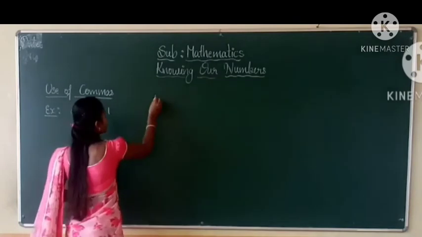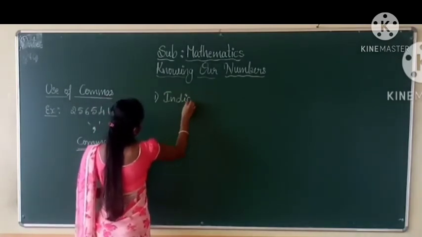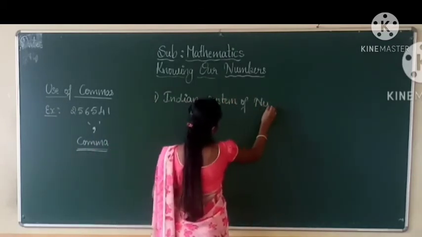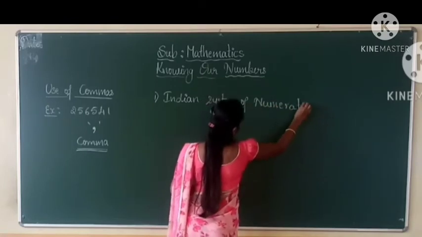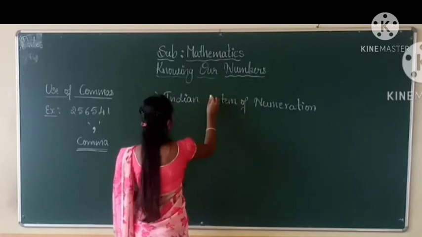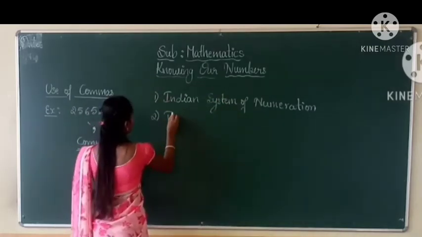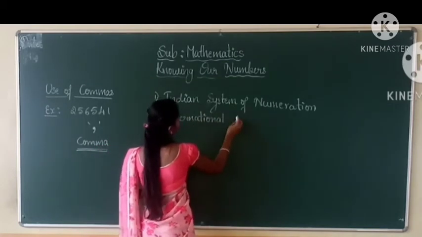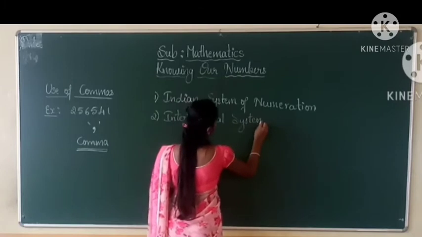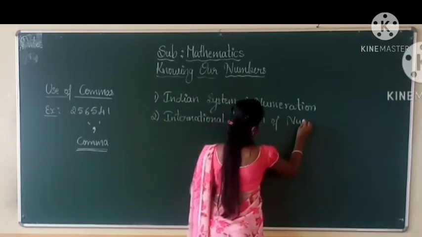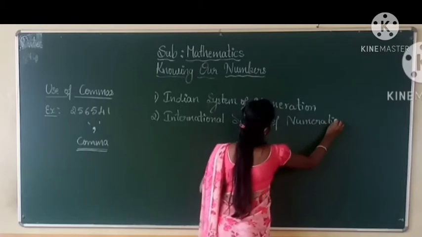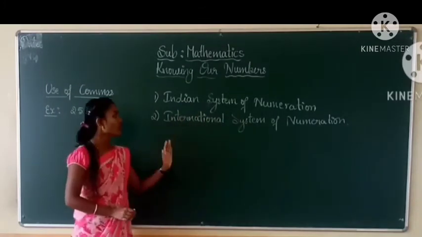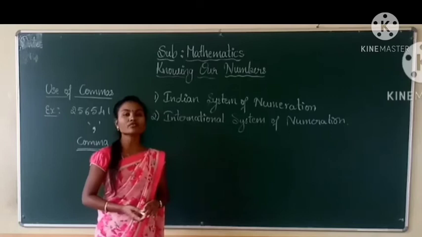The first one is the Indian system of numeration and the second one is the international system of numeration.